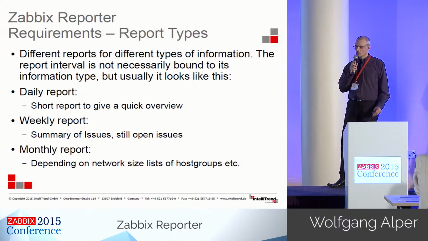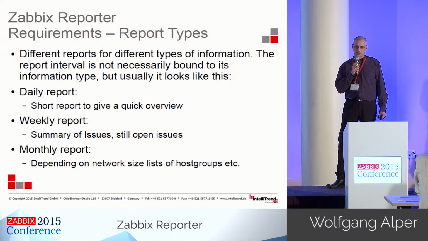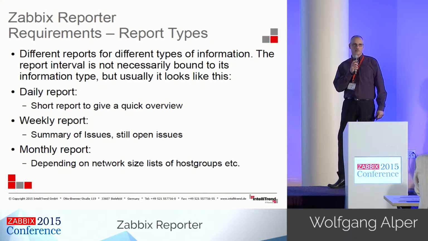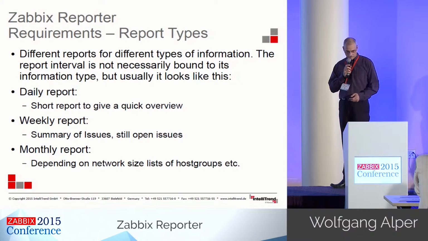So there could be different requirements. The weekly report might include a summary of what happens during the week, and the monthly report might contain information just for archive purposes. So different requirements, but not necessarily that each time interval matches the report. At the end of the day, it comes down to what the receiver, the user, the management people, the operation people would like to have.